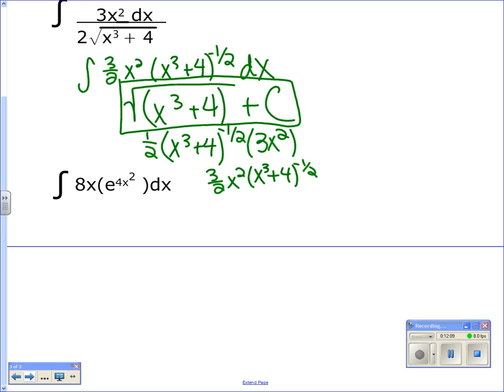Anybody have a guess? No one? Yep. If you take the differential of this, what would you have to do?